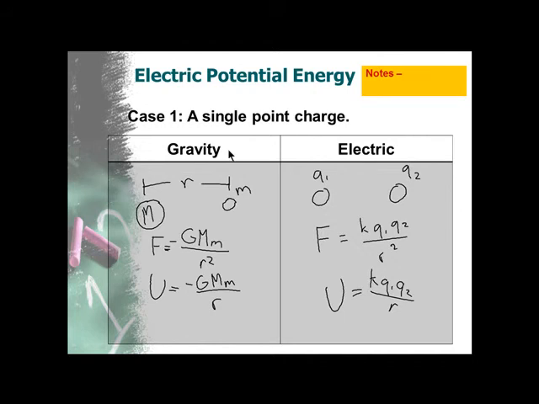In Unit 6, we learned that the gravitational force between two masses, a big M and a little m, separated by a distance r, is equal to negative G big M little m divided by r squared. That's Newton's law of universal gravity.